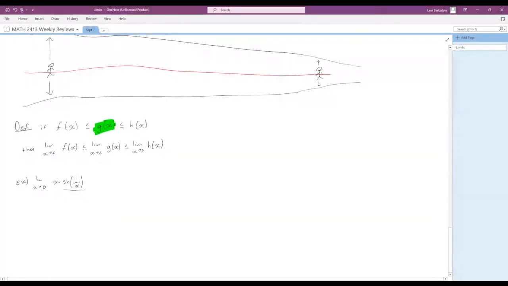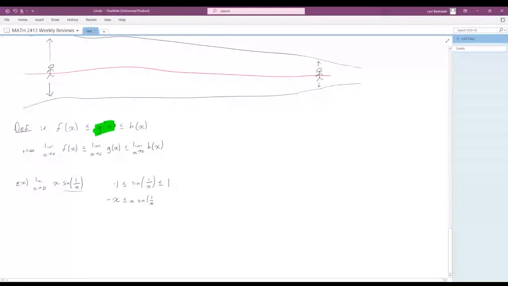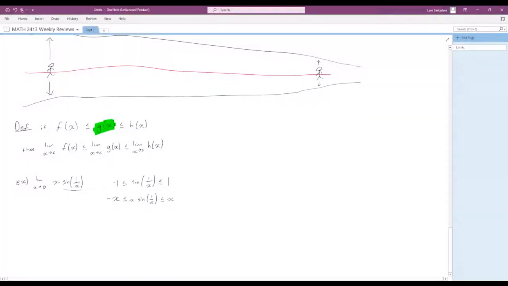I know that sine of anything, so sine of 1 over x, is at most 1 and at least negative 1, so I can write that it's always bigger than or equal to negative 1 and always less than or equal to positive 1. Well then, if I put an x in there, then I get that negative x is always less than or equal to x sine of 1 over x, which is always less than or equal to positive x.